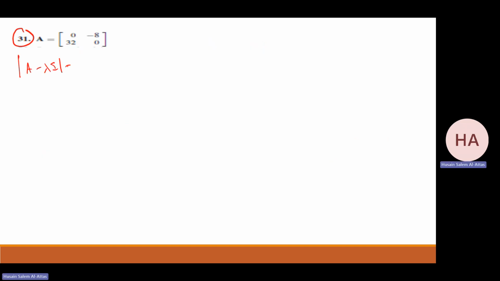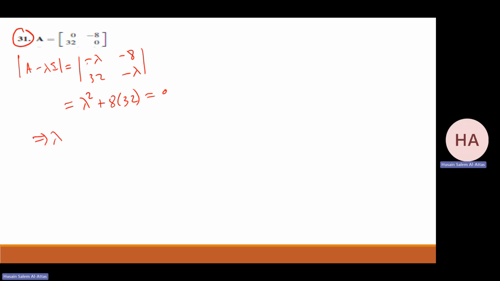A minus lambda I will be minus lambda, minus 8, 32, minus lambda. That gives me, a strange number, lambda squared plus 8 times 32 equal to 0.